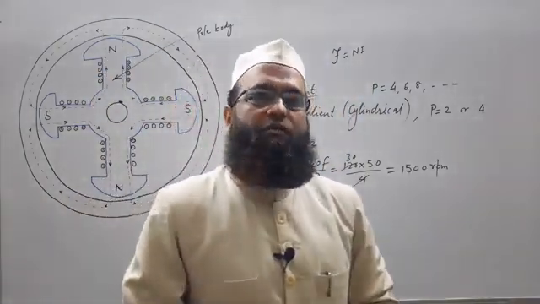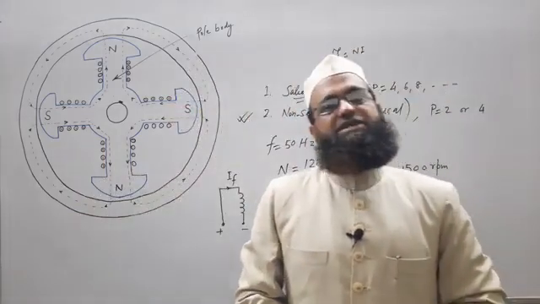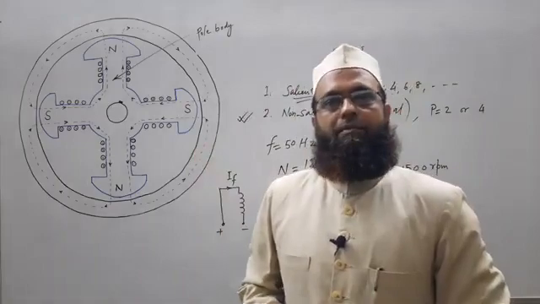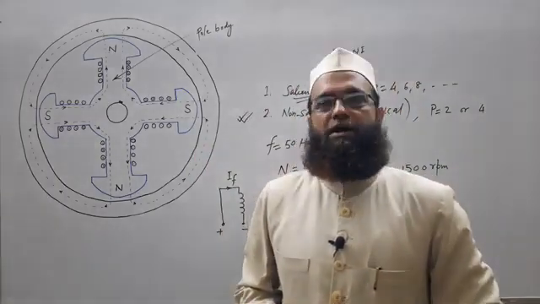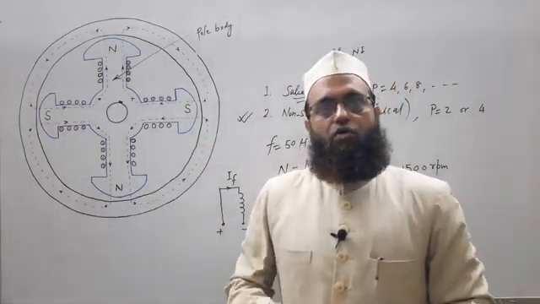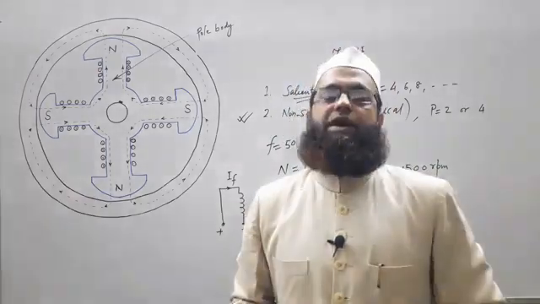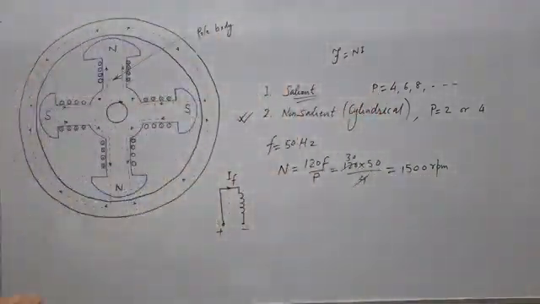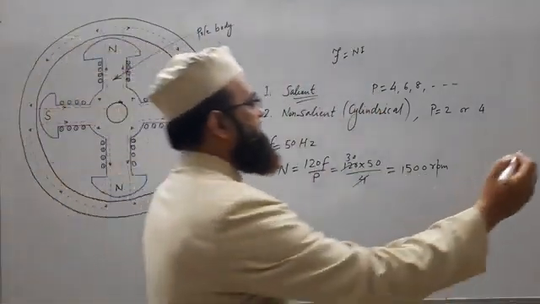So if MMF is fixed, the nature of flux density in the air gap will not be sinusoidal. So to have that sinusoidal effect, what we will do, we are going to shape our poles like this.